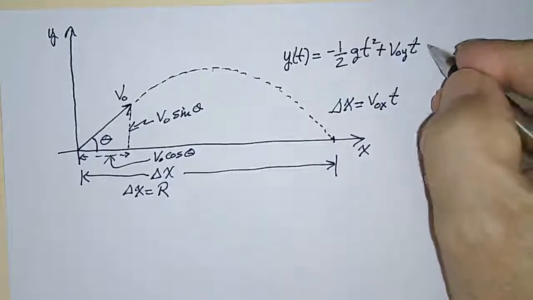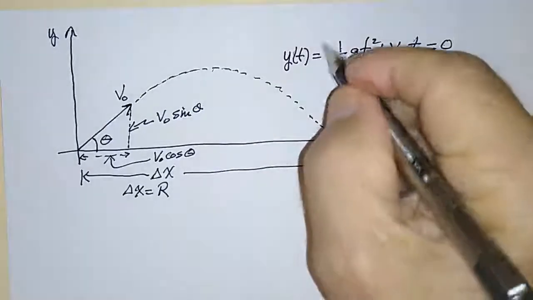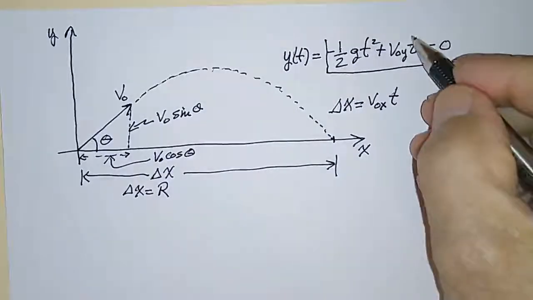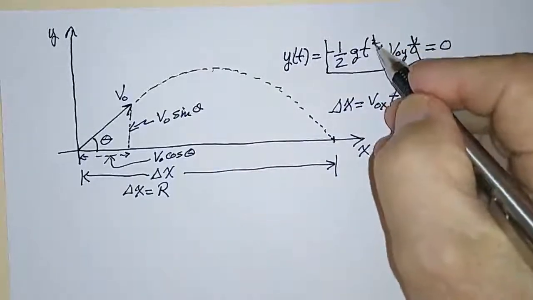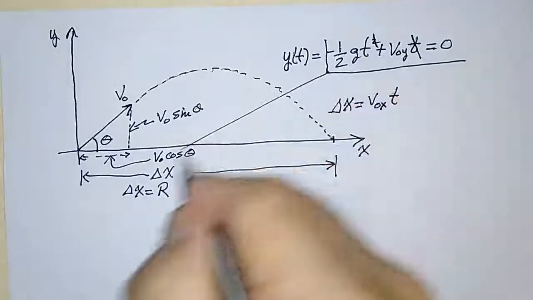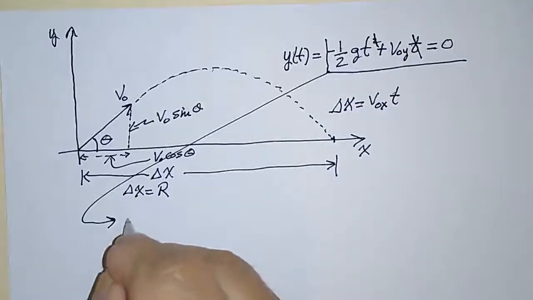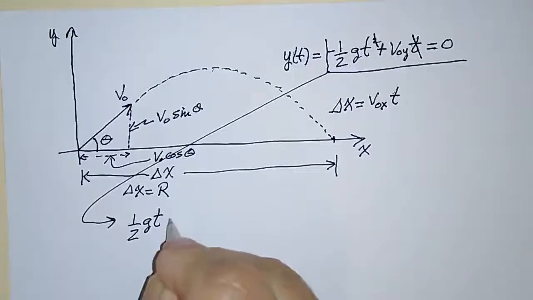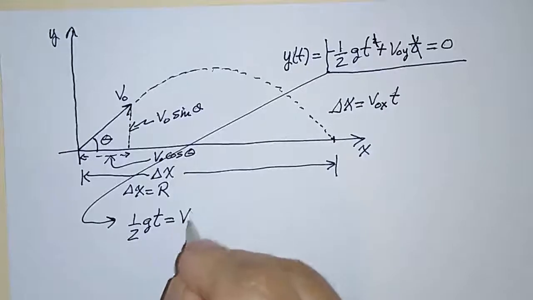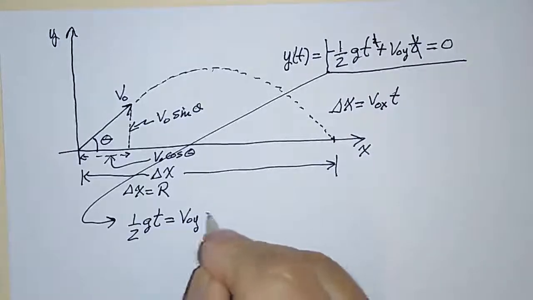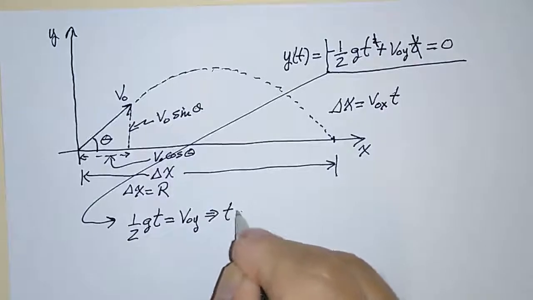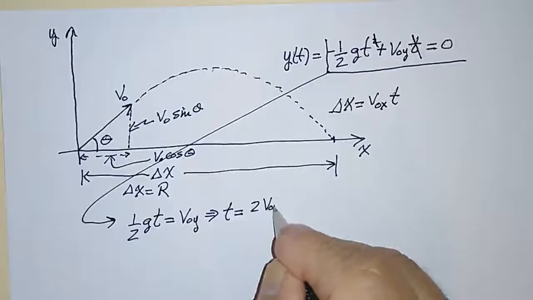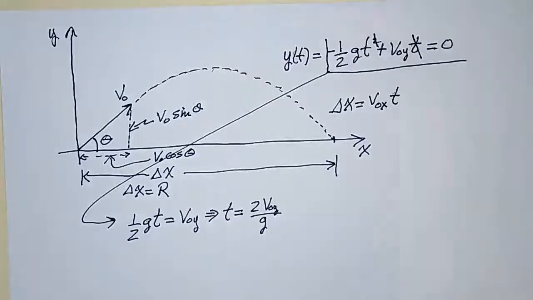And if we set this equal to 0, then this equation can be simplified by dividing through by t to get rid of the square, and then I can rewrite this as 1/2 g t is equal to v0y. And that means then that t, the total time of flight, is equal to 2 times v0y over g.